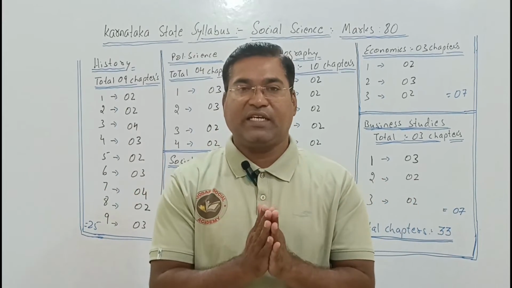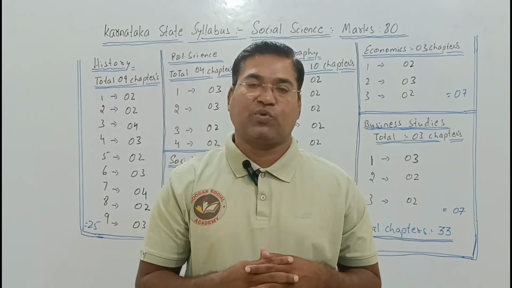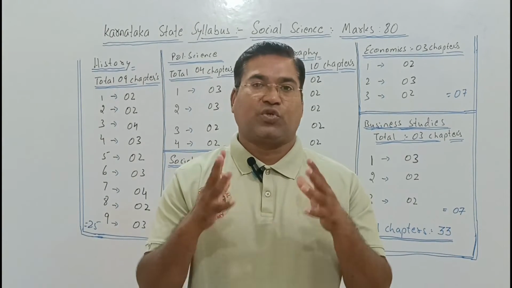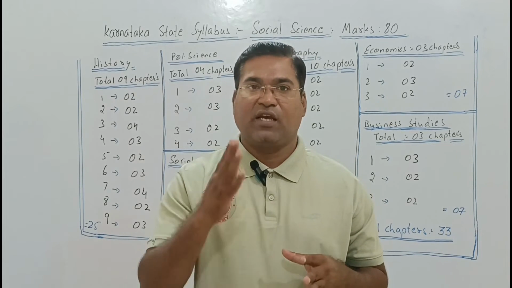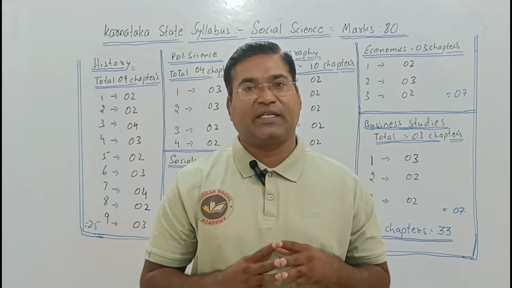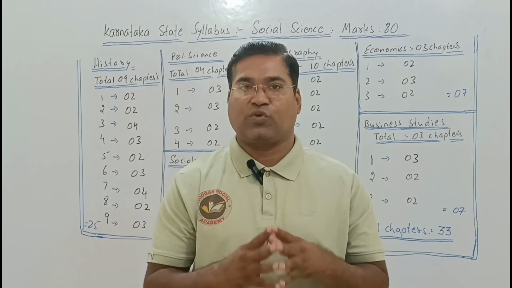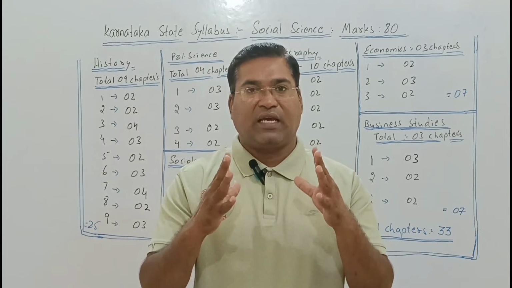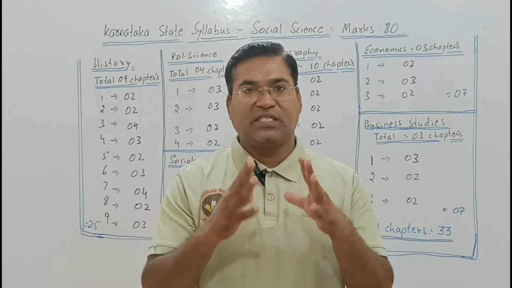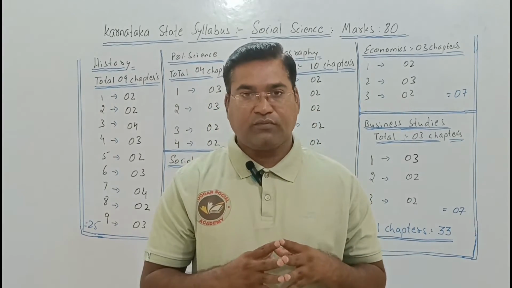So exams are near, and this video will help you with the preparation of your social science subject. The social science subject of class 10 standard, Karnataka state syllabus, consists of a total of 33 chapters with 6 subtopics of social science: history, political science, economics, business study, sociology and geography.